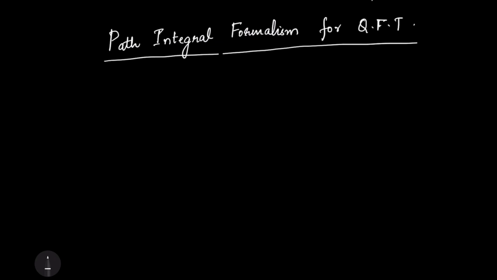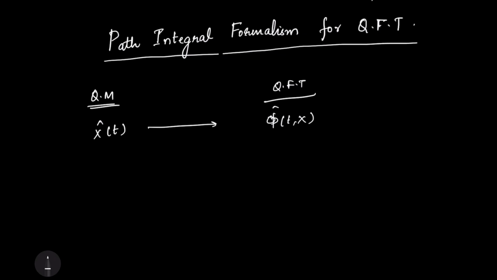Now, the dynamical variable in quantum mechanics is x of t, right? And when you go to field theory, it will be the field phi of t comma x.